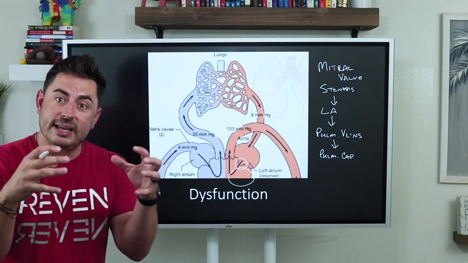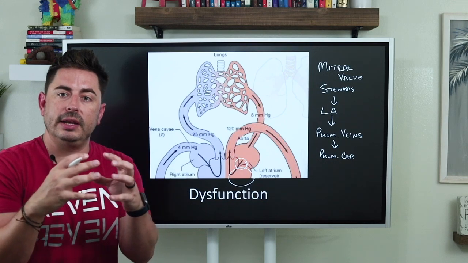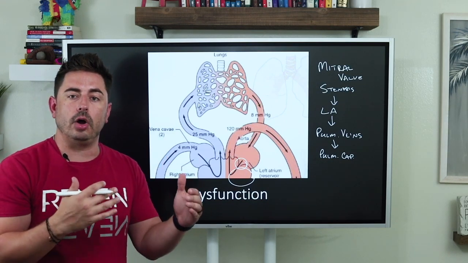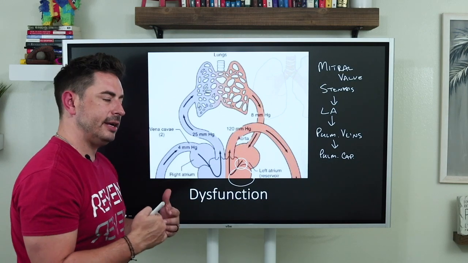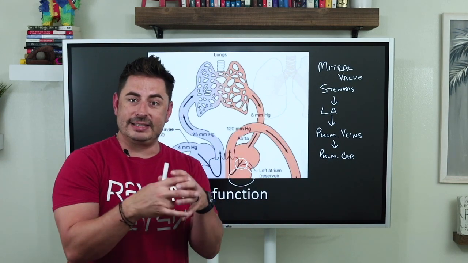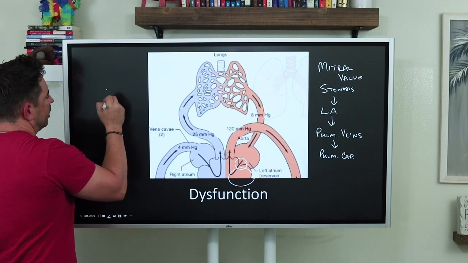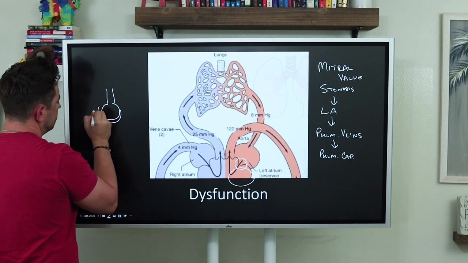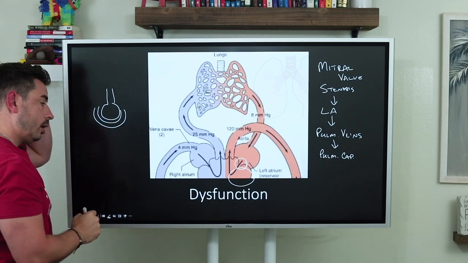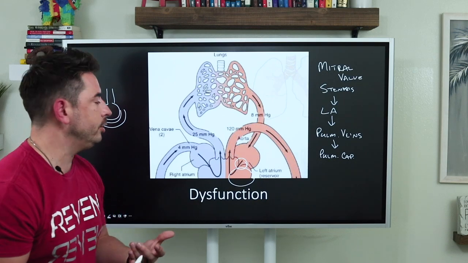Remember, those things can engorge and they have a lot of flexibility that allows them to take on a whole lot more fluid. But once those pulmonary capillaries cannot keep up, or they exceed their capacity, we're going to start to see those pulmonary capillaries, this is going to be an engorged one, start to spill that fluid over.